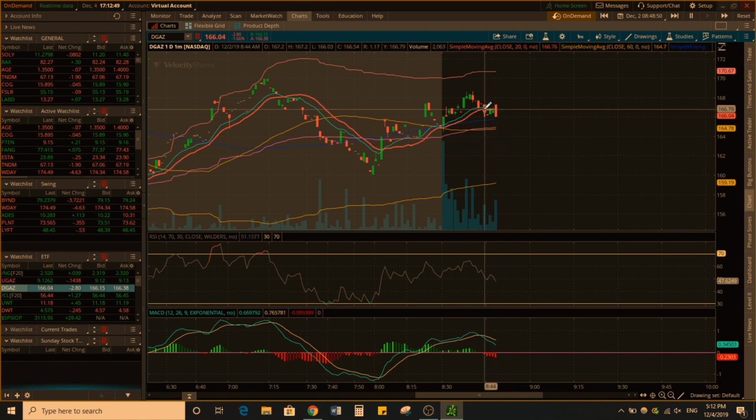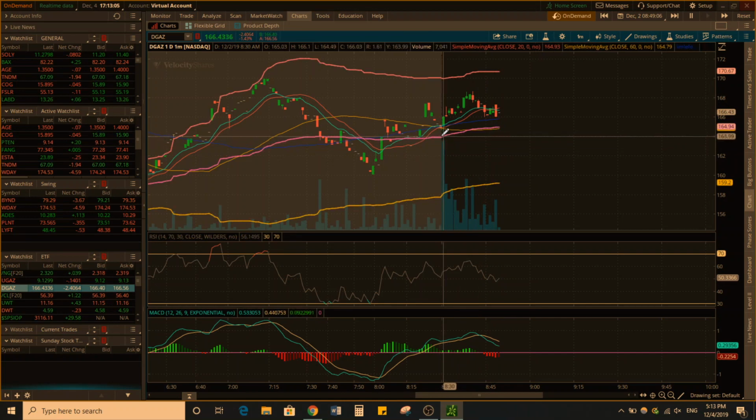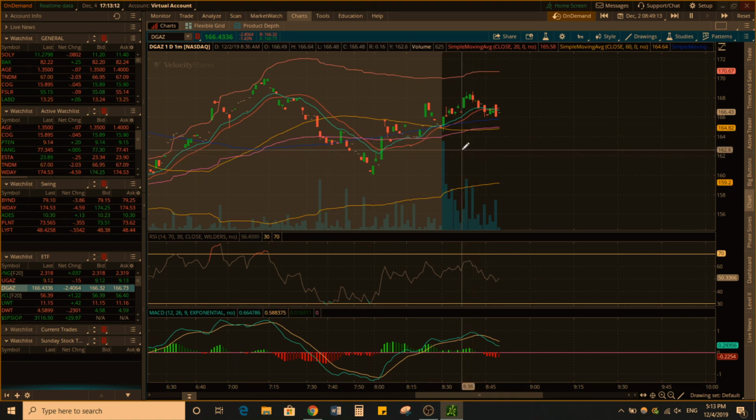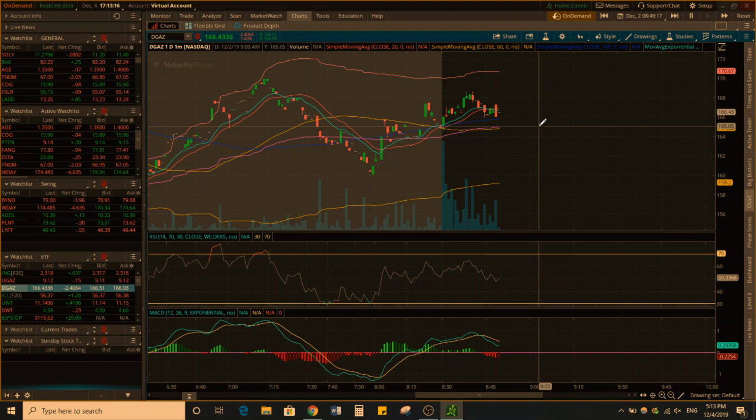And I don't think that the red and the yellow are gonna cross, but that doesn't mean that it's not necessarily a good position. So you have to use a little bit of your own common sense in these types of situations because, yeah, it's gonna take quite a long time. Well, it crossed right here before market open. So yeah, and so the next crossing point would be a sell signal anyways. So I have to wait for the crossing point after that.